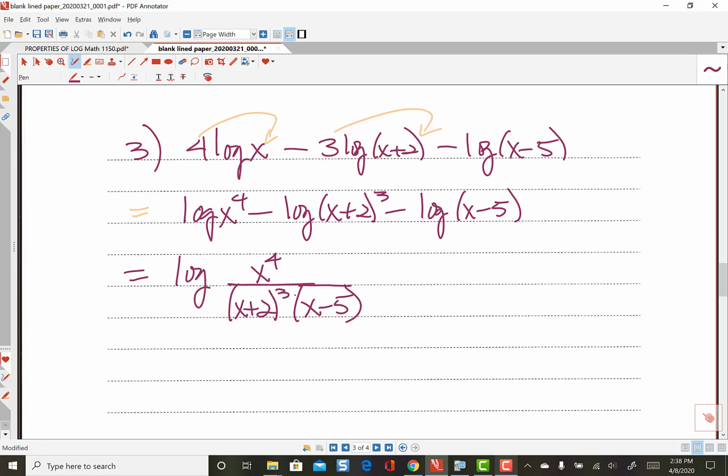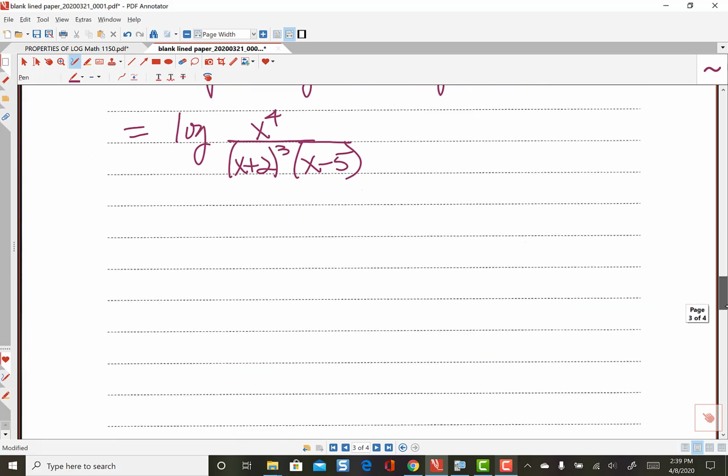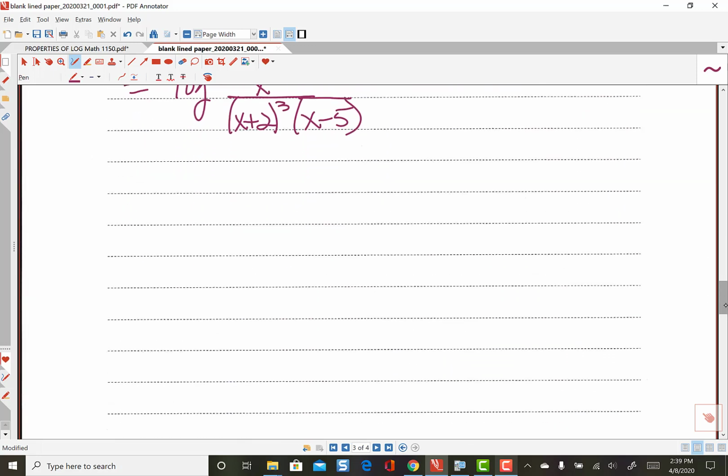Okay. So the thing is, as I said, this is probably the more important direction, where you're taking something that's apart and putting it back together. So just as a sneak peek of where we're going, let me do one problem like this. Let's say, for instance, I had the log base 2 of x plus the log base 2 of x plus 7 is equal to 1.